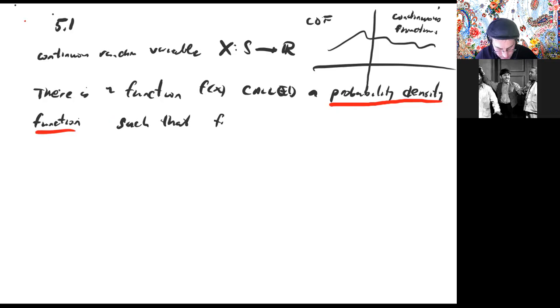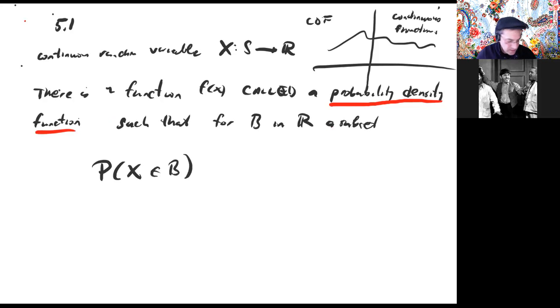for a subset B in R, think of an interval, the probability that X lies in B is given by the integral over B of f of x dx. So you're integrating over the subset B. B will be an interval typically.